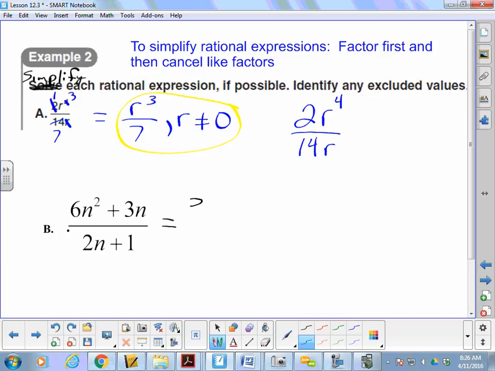So we've got 3n. We factor that out, and we're left with 2n plus 1. Check: 3n times 2n is 6n squared, and 3n times 1 is 3n. All right, put our denominator back.